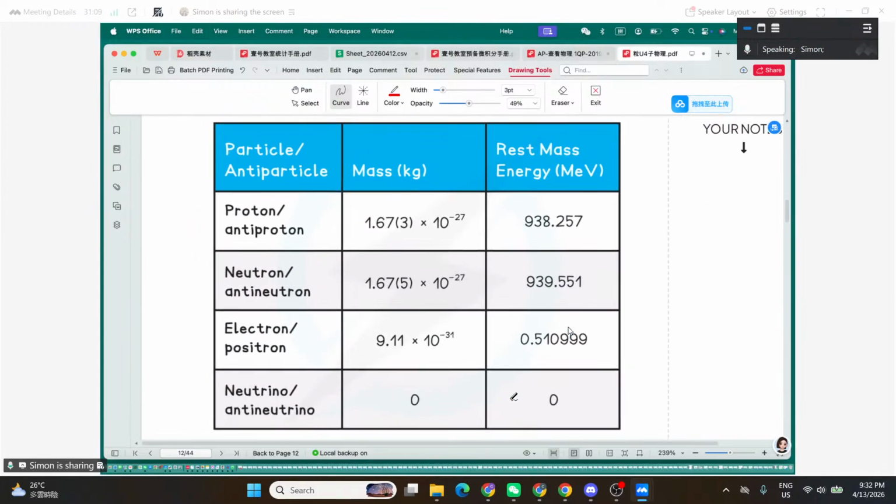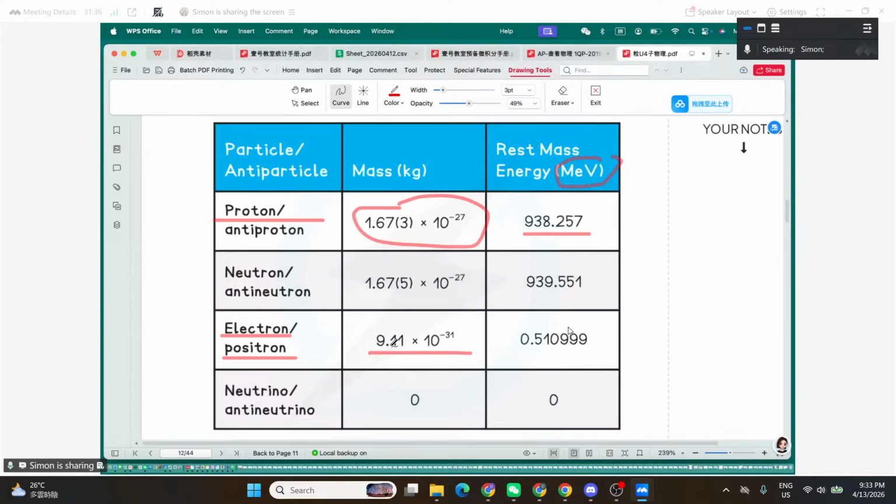Okay, look at that. Here is the mass of the proton, neutron, and the electron. You can see the proton's mass is 1.67 times 10 to the negative 27, and the rest mass energy is in MeV. And here is the electron, the positron.